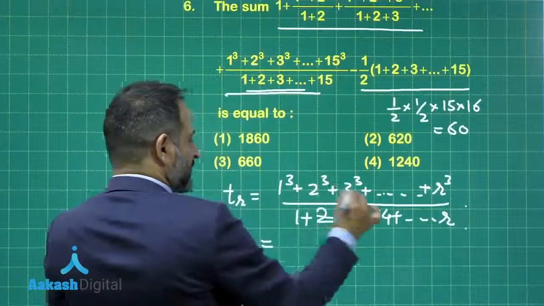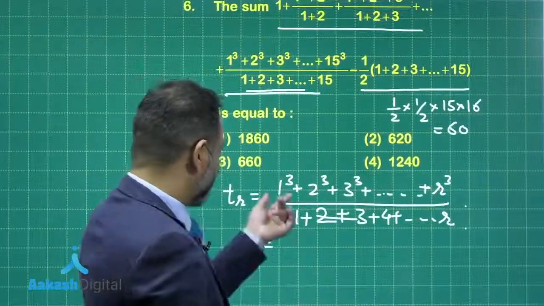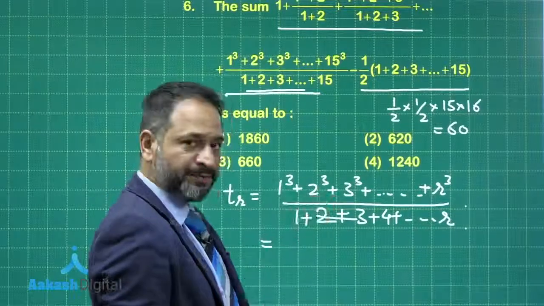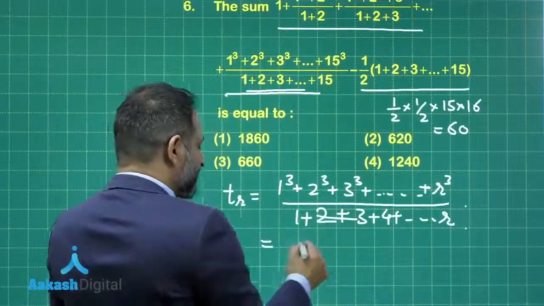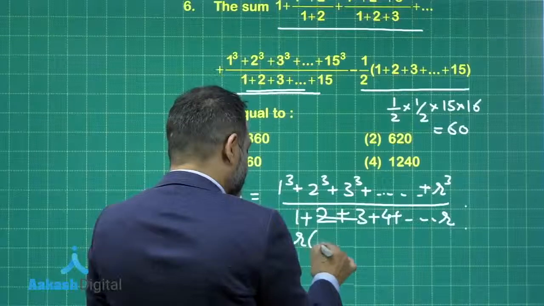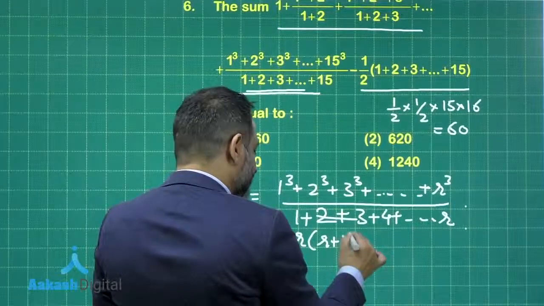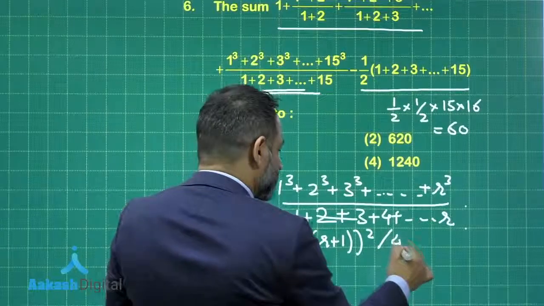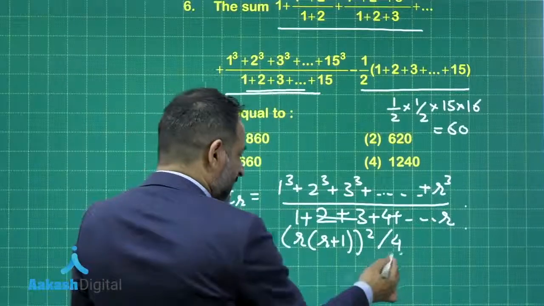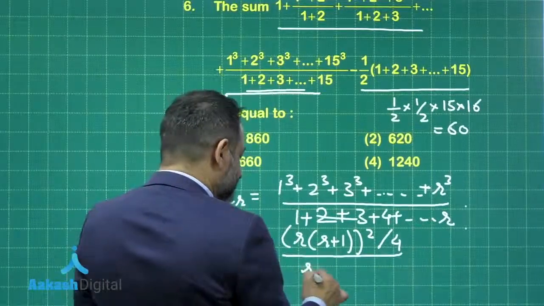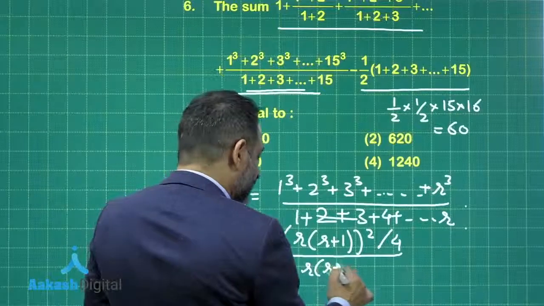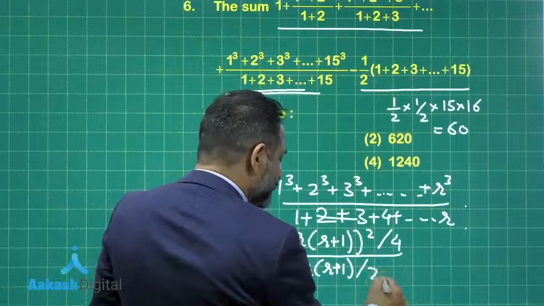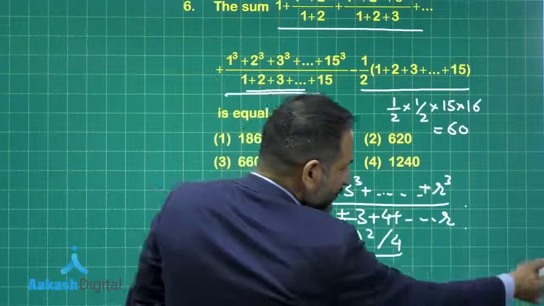So the sum of the cubic terms, 1 cube, 2 cube, so the cube of natural numbers, we know it is r into r plus 1, the whole square of this upon 4. So in the numerator we have this, and in the denominator simply it is r into r plus 1 by 2. Now let us solve this first.